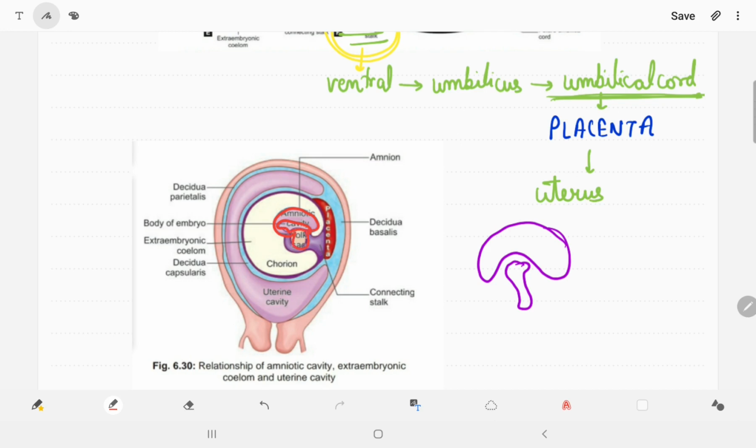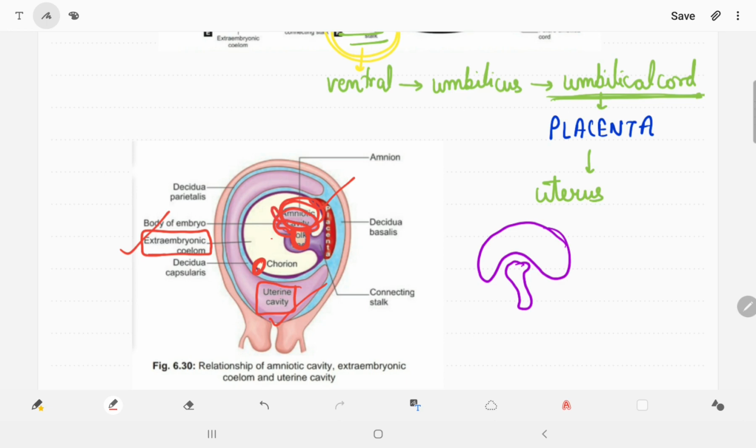This is the definitive yolk sac which has become very small and it has gone inside the amniotic cavity. And this whitish area is the extraembryonic coelom, right? And this purplish area is the uterine cavity, and this is the amniotic cavity which I told you. So at this stage you can see 3 cavities: the amniotic cavity, the extraembryonic coelom and the uterine cavity. Now, we had drawn this layer as the chorion and this as the amnion in our previous diagram.